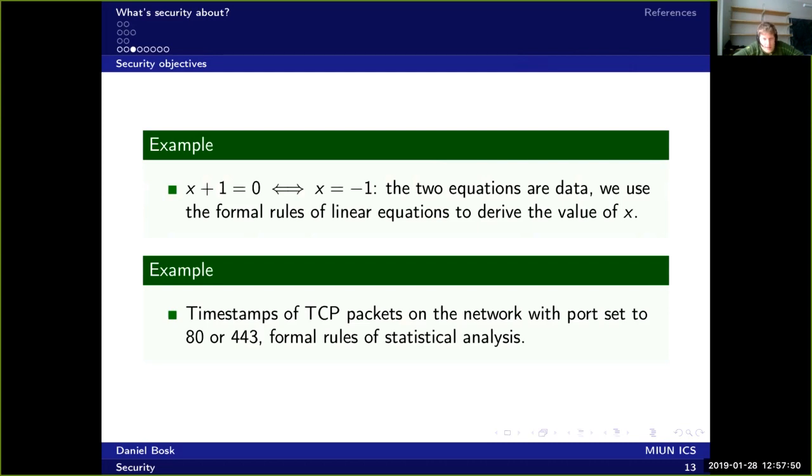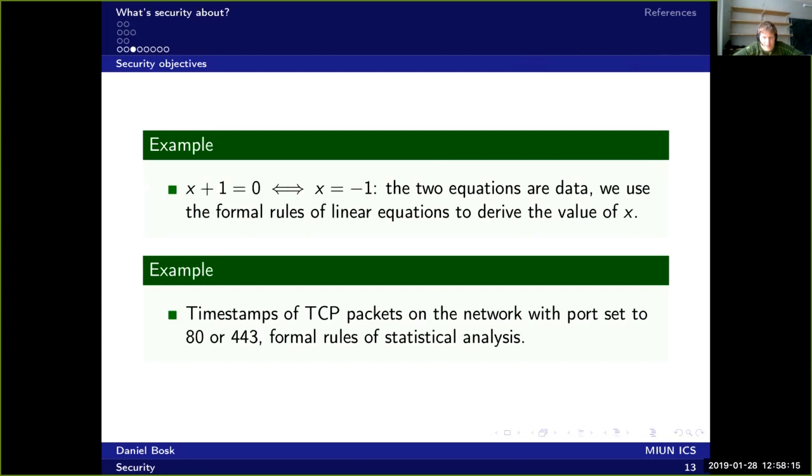And then we can apply the formal rules of statistical analysis. So for instance, although the information here is simply a connection from one computer to another, if we actually analyze this and look at, for instance, timestamps and things like that, we can actually infer things.